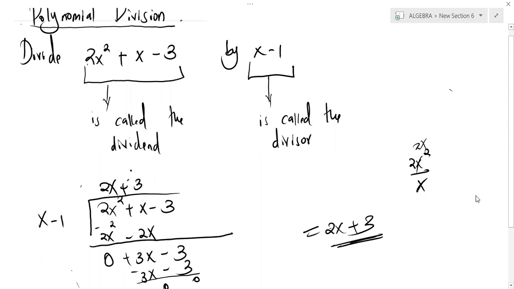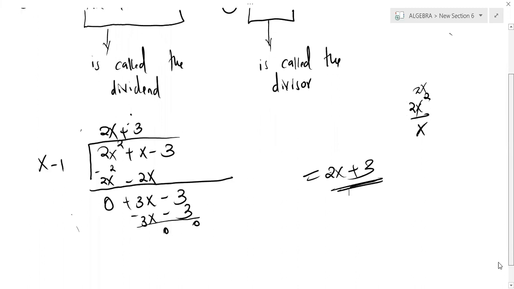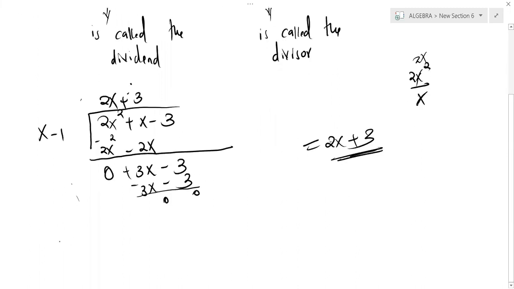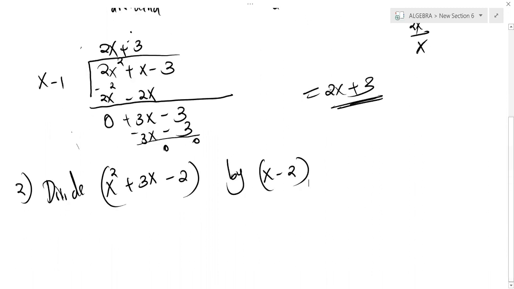Okay, let's take up another example. Example number 2. You're told to divide x squared plus 3x minus 2 by x minus 2. So we still go on carrying out long division.